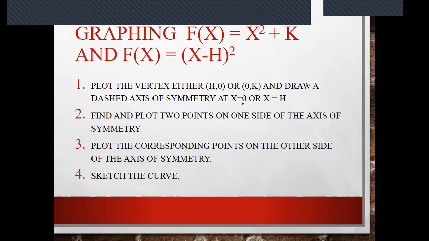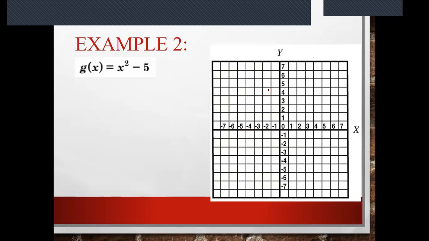Your axis of symmetry also changes. For k, it's always at x equals 0. But if you're dealing with h, it's going to be at x equals h. Other than step 1, everything else stays the same. Cool? All right, let's keep it trucking.